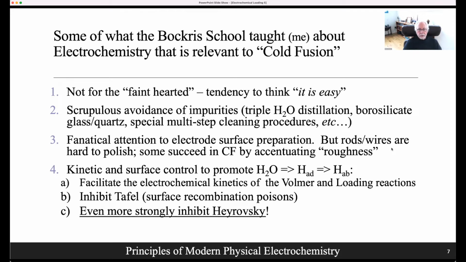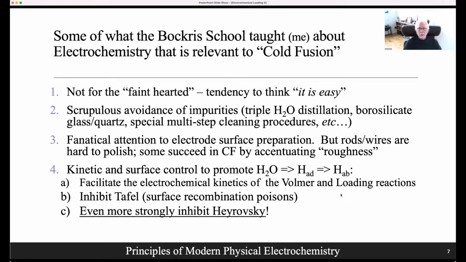Basically, what we're trying to do is control the kinetics and control the surface to promote the loading reaction: water going to an adsorbed species, going to an absorbed species. Facilitate the kinetics of the Volmer and loading reactions, inhibit Tafel, and even more strongly inhibit Heyrovsky.